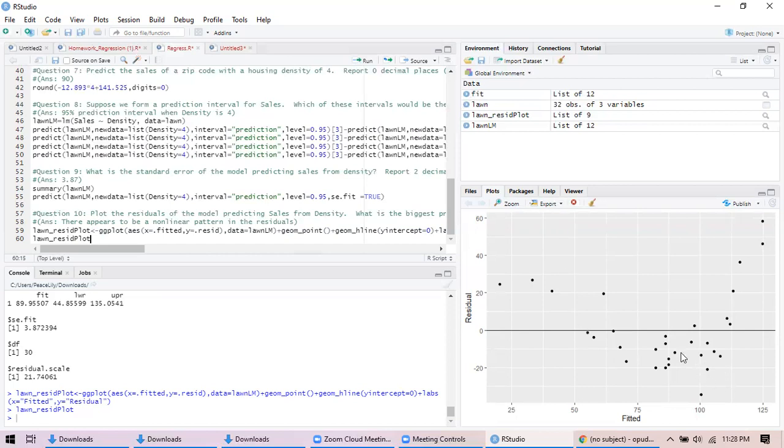The variance might not be constant, but I don't think that's the problem, right? When the variance is not constant, it's not a problem, right? No.